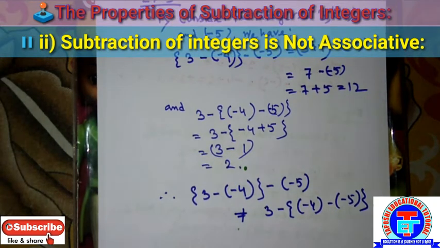So here subtraction of integers does not show associative property. I hope student you clearly understand this property.